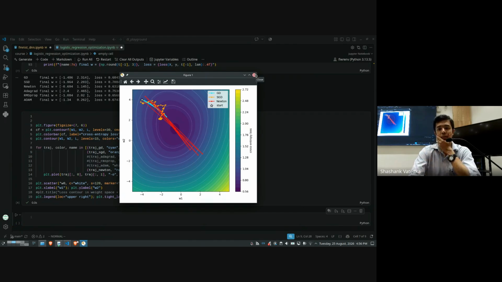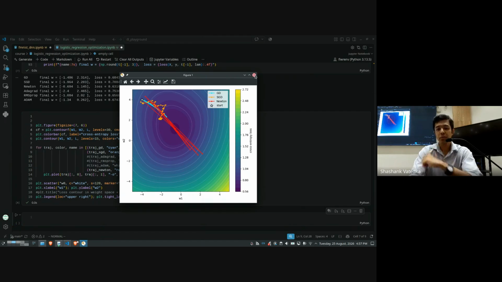I think the minimum is around 0.58 or something in this particular case. So even though Newton's method seems to be fluctuating a lot more widely, it actually gets to the minimum point much faster.